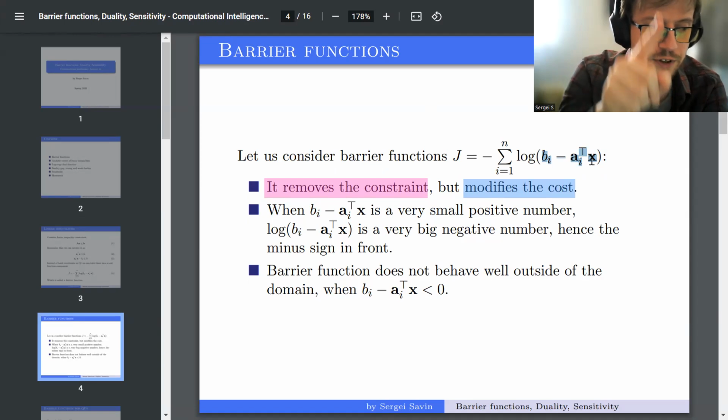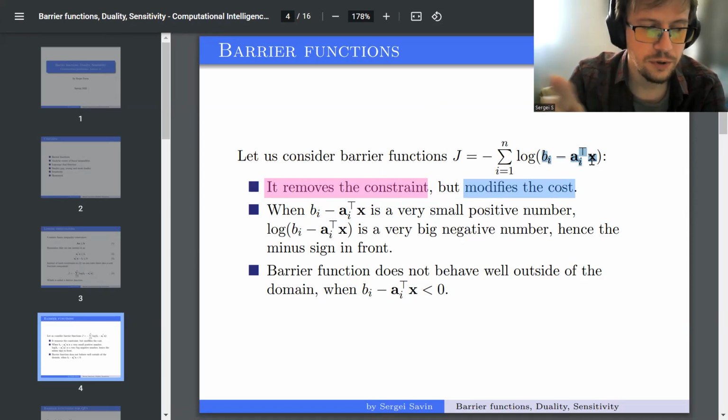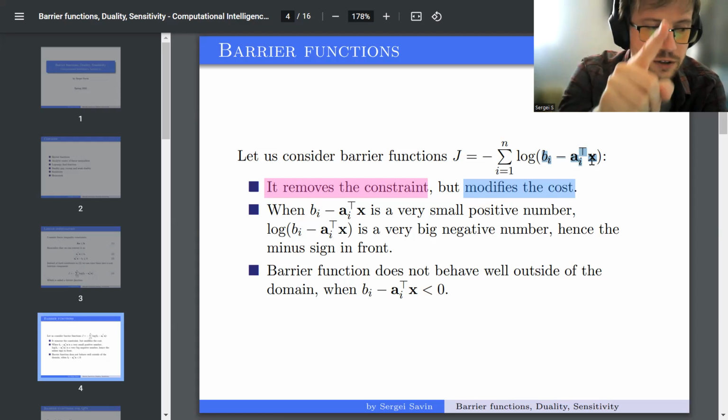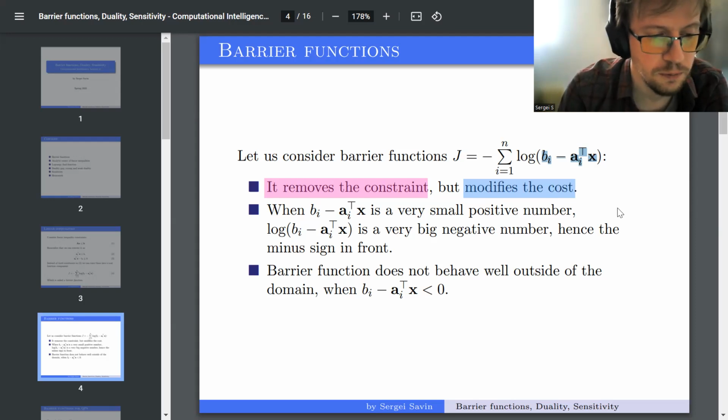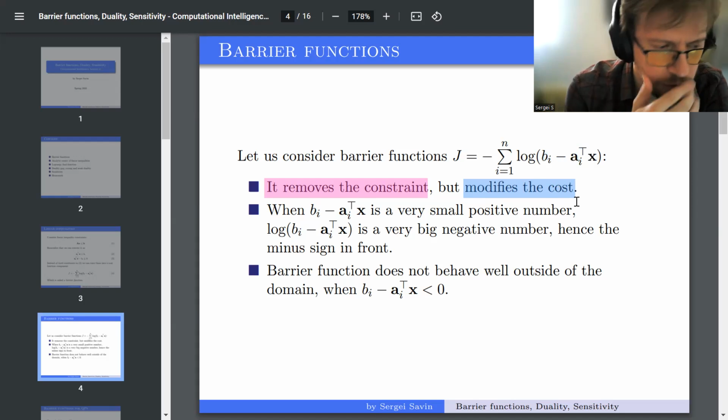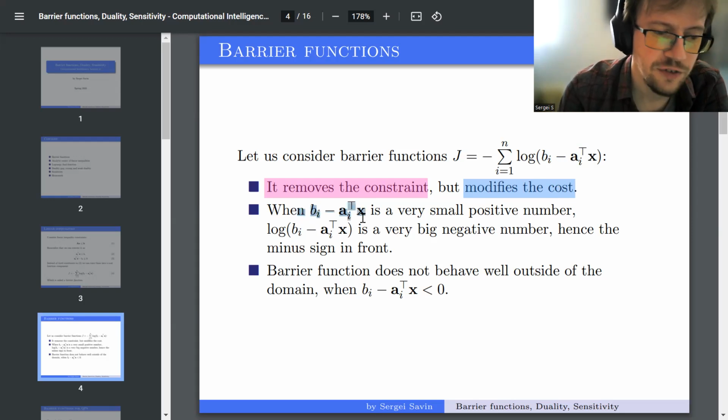You don't have the nice slope. Instead, you have a vertical line, then horizontal. Okay, this is what you get from multiplying this by a small number. All right. So as I said, when this is a very small positive number, this is a very big negative number. Hence, you have this minus.